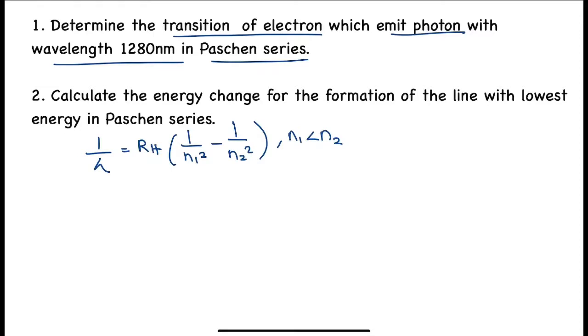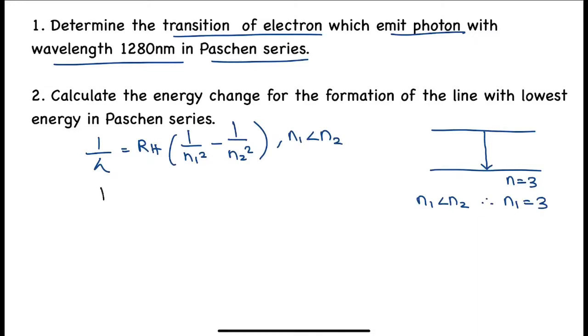Do recall that for Paschen series, the transition of electrons from higher energy level goes down to the ground state n equals to 3. Since n1 must be lesser than n2, therefore n1 value is 3. Now let's substitute in the corresponding values into the equation.